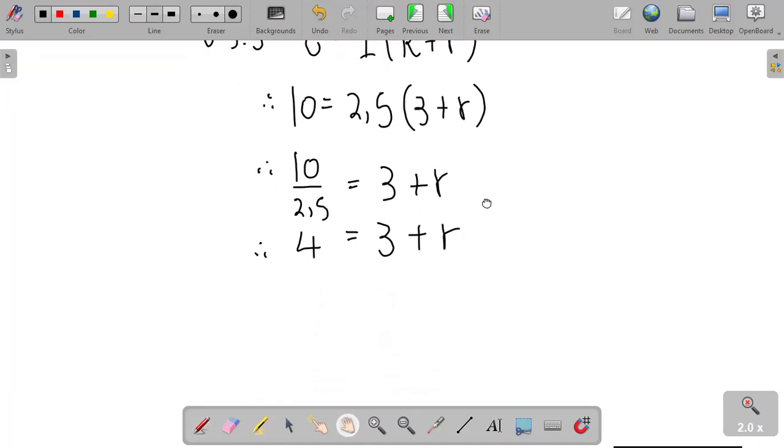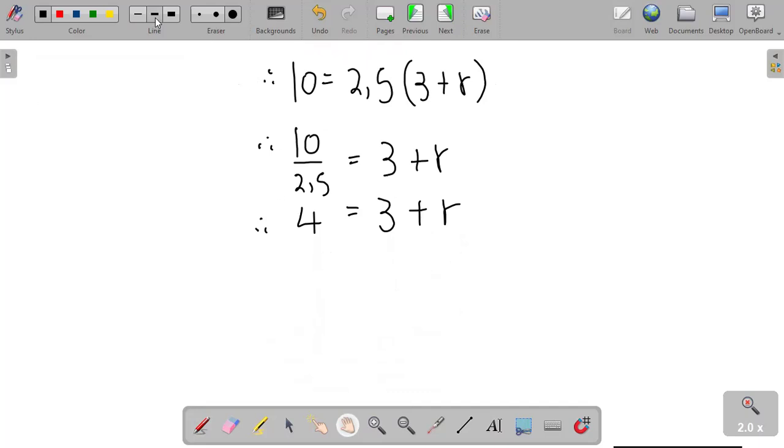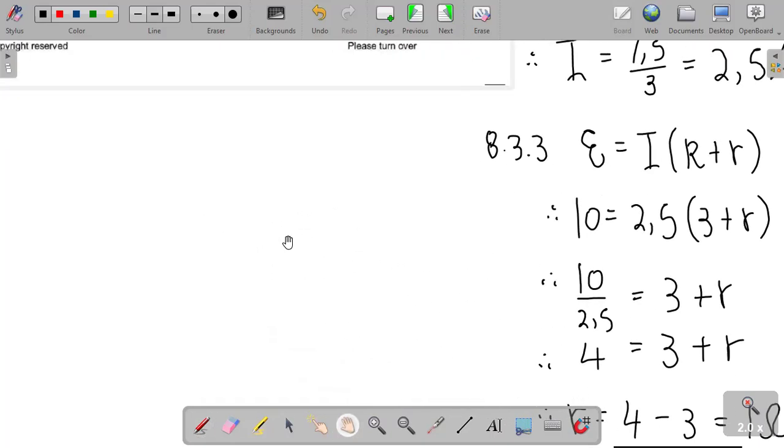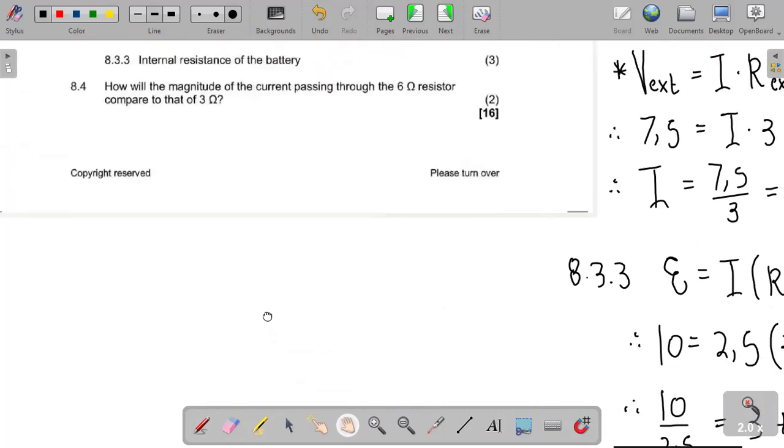And then therefore r equals 4 minus 3, which is 1 ohm. Yes. So that 3 becomes negative on the other side of the equation.